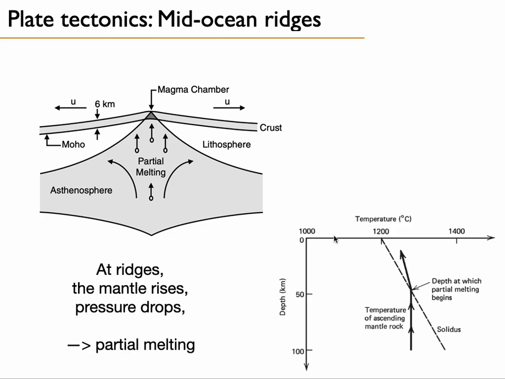If you go on a depth-temperature diagram here, there is a solidus for the mantle, and the rocks that are rising up towards the surface will at some point cross the solidus and start to melt. So here you would have partial melting, and this would produce liquids that want to erupt somehow.